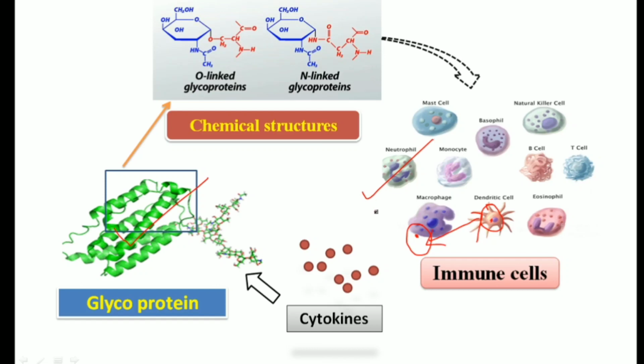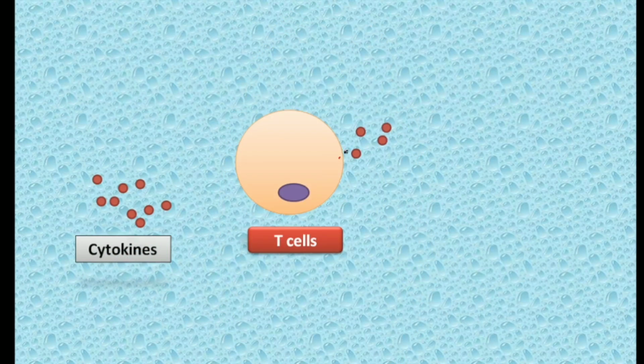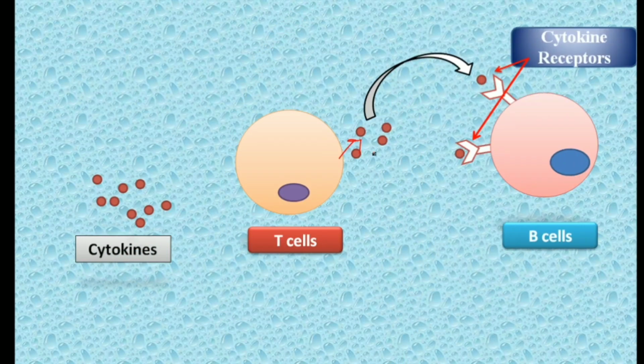They are secreted by a very wide variety of cells, and they bind with the help of some specific receptors. When they are secreted, the cytokines bind to specific receptors known as cytokine receptors on the surface of the other cells.